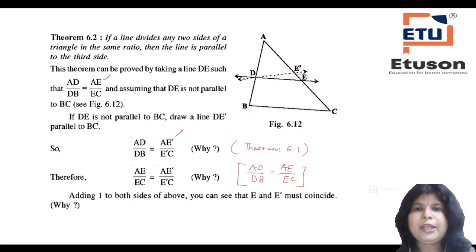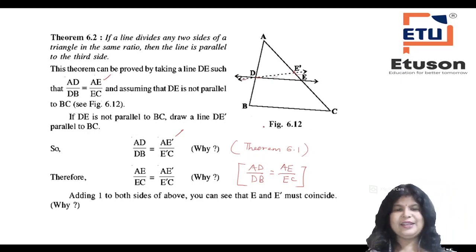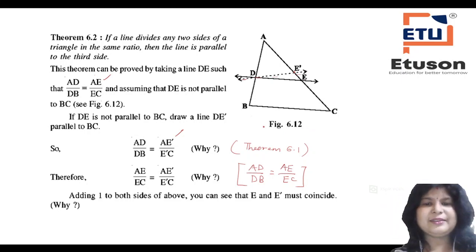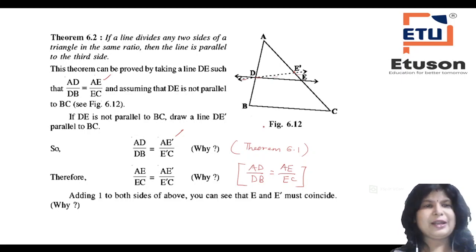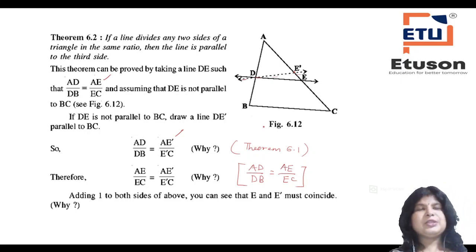So when will AE by EC be equal to AE dash by E dash C? Only when E and E dash are not different points, rather they coincide with each other. Okay, so if a line divides any two sides of a triangle in the same ratio, then the line is parallel to the third side. So this is your theorem 6.2.